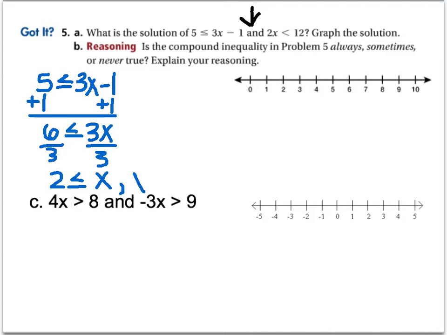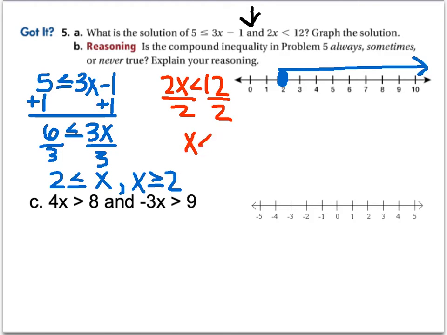So you get that x is greater than or equal to 2. (2x less than 12).